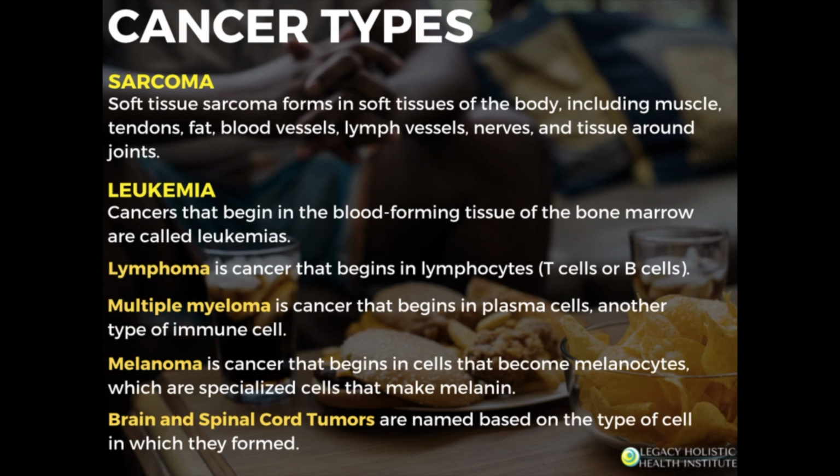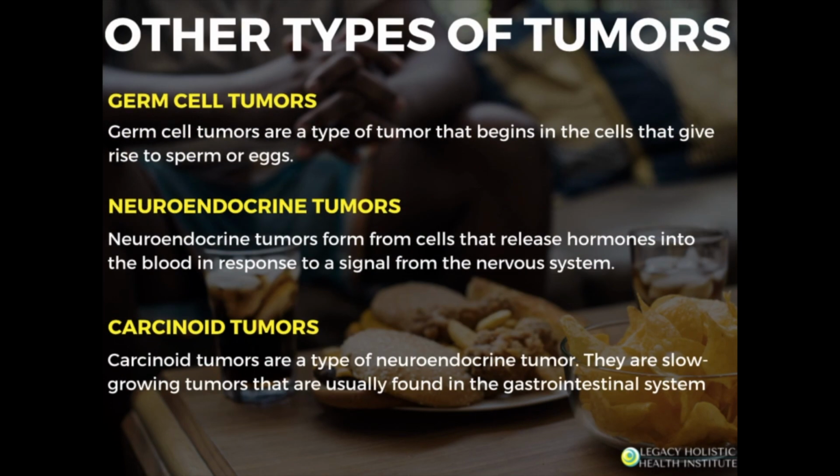Other types of tumors that we'll cover in this particular module are called germ cell tumors. Germ cell tumors are a type of tumor that begins in the cells that give rise to sperm or eggs. These tumors can occur almost anywhere in the body and can be either benign or malignant.